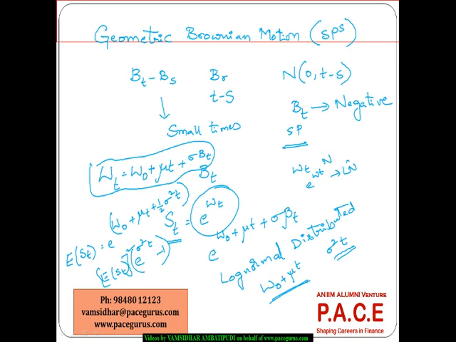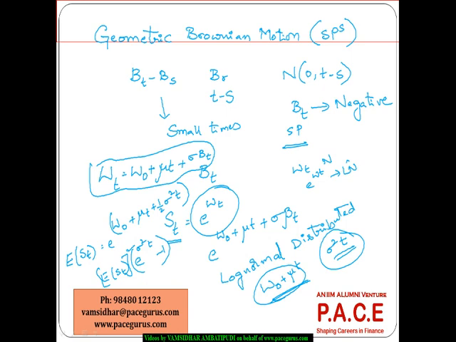So once the parameters are these two, we can very well find out the mean as well as the variance of the log normal distribution.